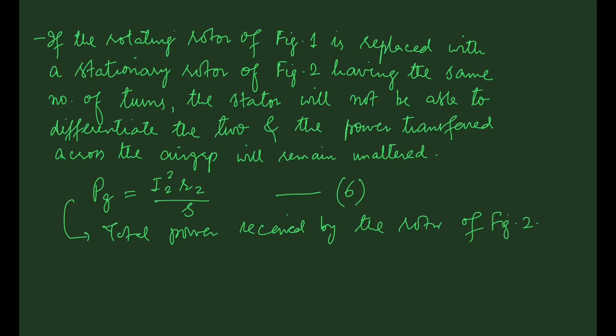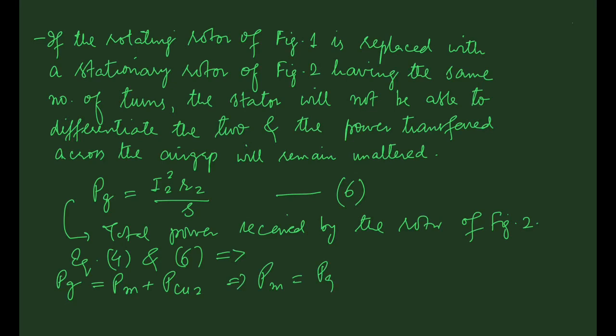Making use of equations 4 and 6, we have Pm plus PCU2 is equal to Pg, which gives Pm as Pg minus PCU2.